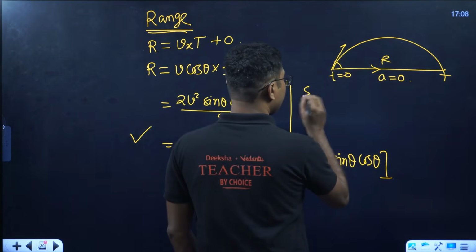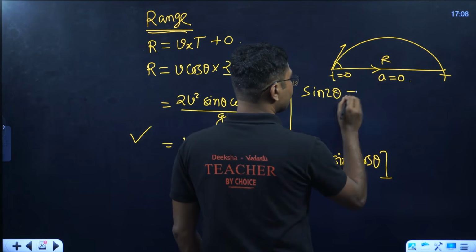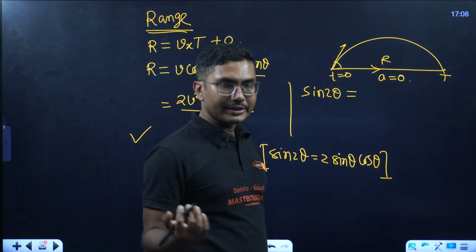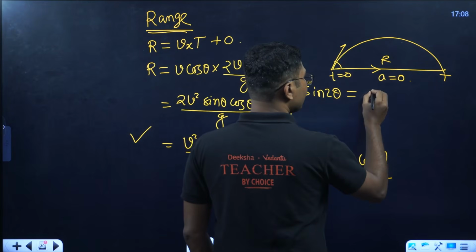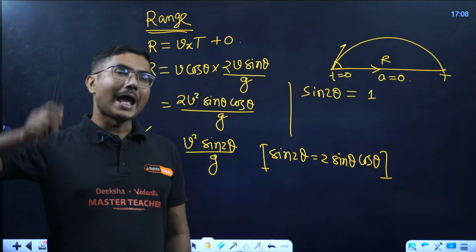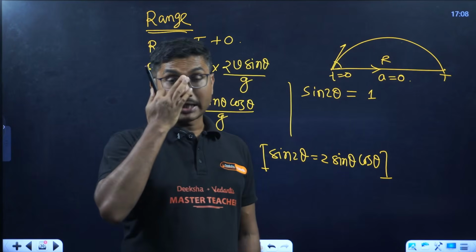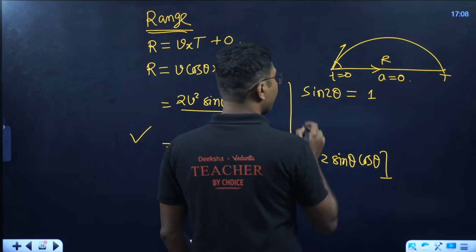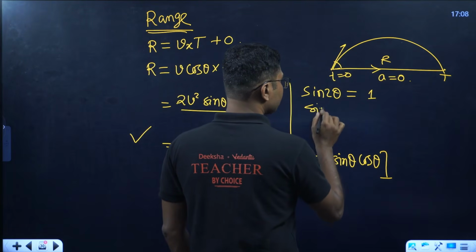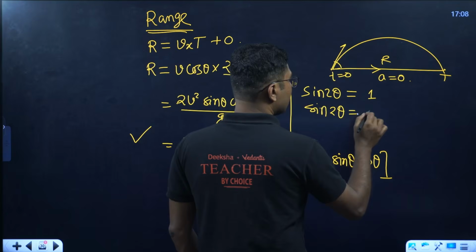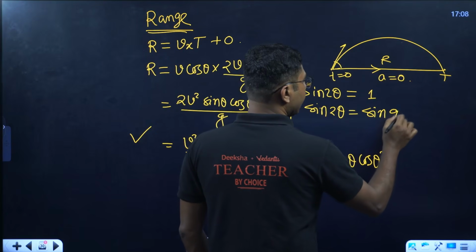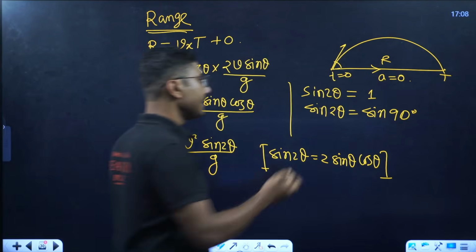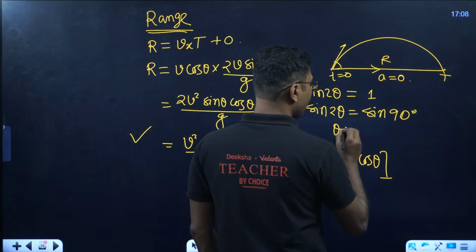Now what is the maximum value of sin theta? The maximum possible value of sin theta is 1, and the minimum value is minus 1. Remember this. So from here we can say that sin 2 theta equals sin 90 degrees, or from here we can write theta is equal to 45 degrees.